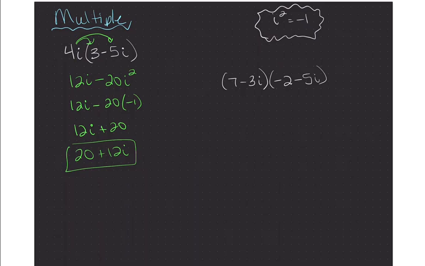So two options. You can do that FOIL, or that distribution property, where you're multiplying through, doing all of this. Or we can do the area model, where we make the square or the box, right? So I'm going to go with the area model just for giggles, right? So I'm going to make me a nice little box.